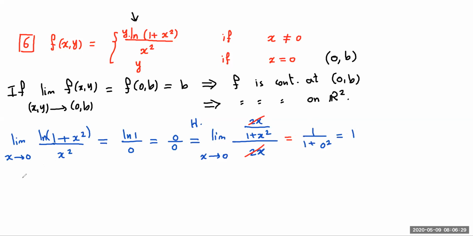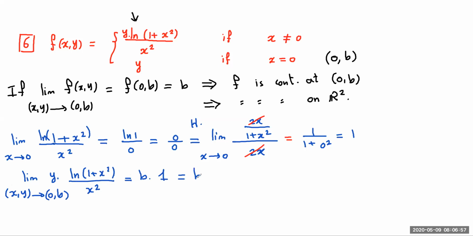So for this reason, the limit of y times ln(1 plus x power 2) over x power 2 when (x,y) approaches (0,b) equals, I will put instead of y, b, times the limit of this term when x approaches 0, which is 1.